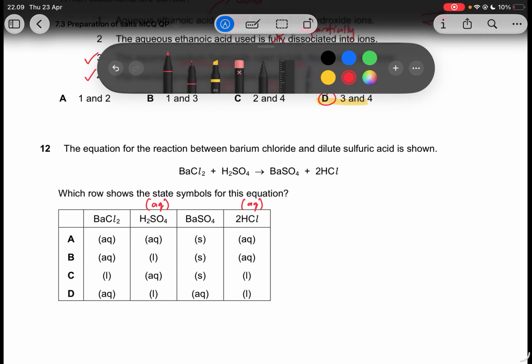On the other hand, barium chloride is a soluble compound. It's a chloride. Therefore, we can also put it in AQ. Barium sulfate is insoluble. Therefore, we put S on it. So the correct answer is letter A.